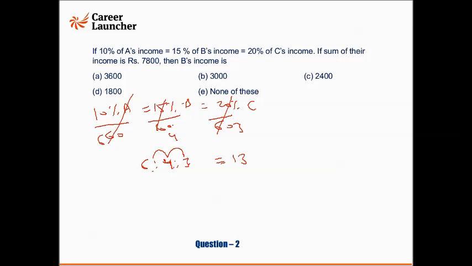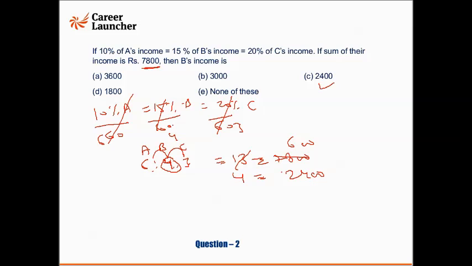And 13 is equivalent to this 7800, correct? That is 600 for one part. So B's income, that is 4 parts, because this is the A, B, C ratio. You have to calculate the value of 4, that is 2400, right? So in this way you will get C as the answer.